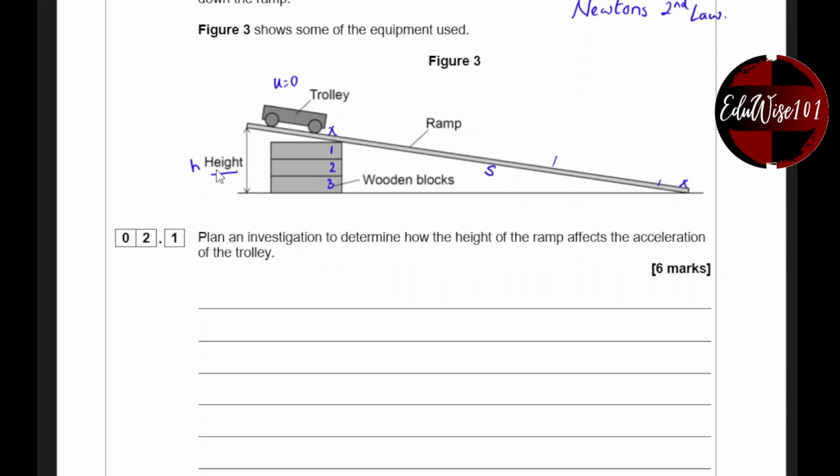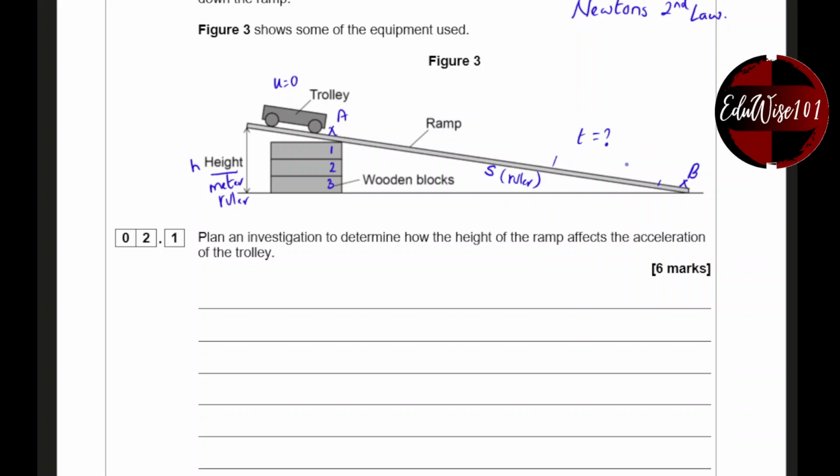Then you can measure the height using a meter ruler. And you can also measure the distance using a meter ruler. And you can time how long it takes for it to, let's say, move from A to B.